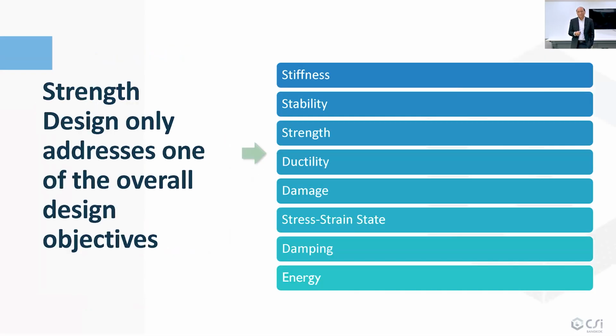So let's move on. If you look at a structure, then normally for the design of a structure, we are looking at several aspects: stiffness, stability, strength, ductility, damage, stress-strain state, what is the strain or state at any location, damping, and energy. These are the factors that normally are, you can say, performance indicators.